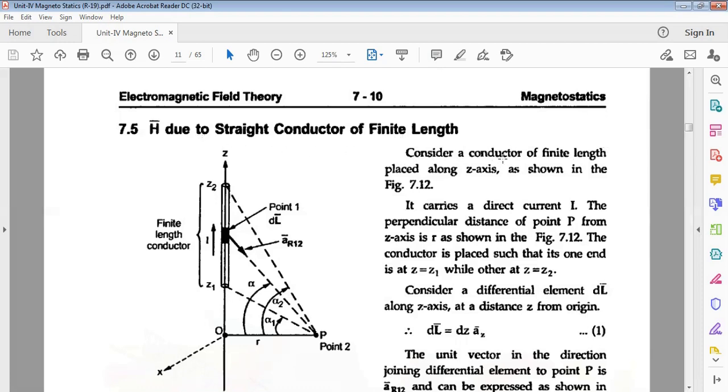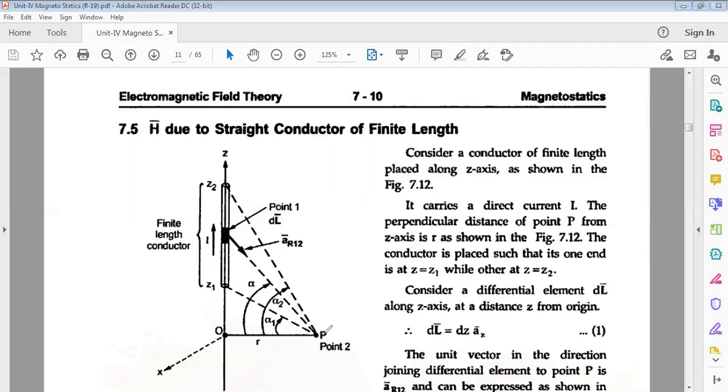So consider a conductor of finite length placed along the z-axis as shown in the figure here. It carries a direct current I. The perpendicular distance of point P from the z-axis is r.